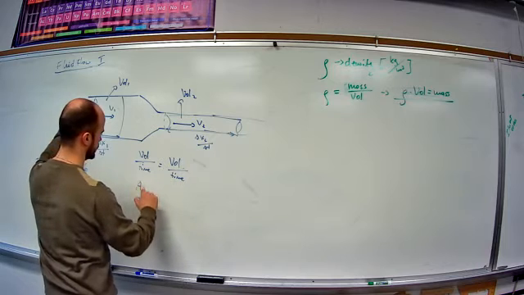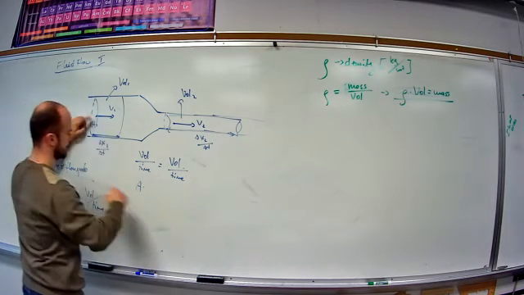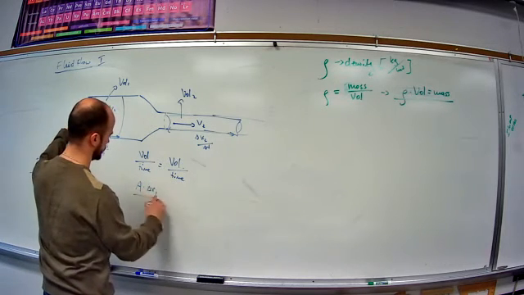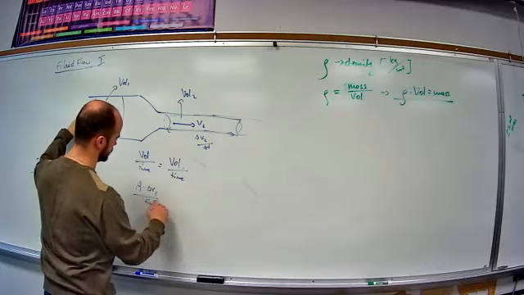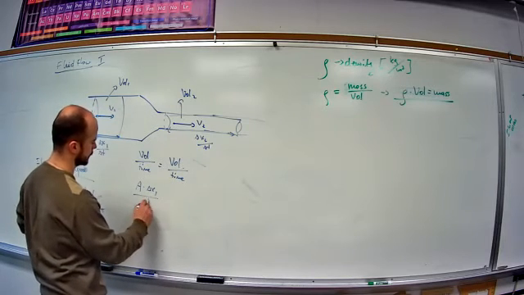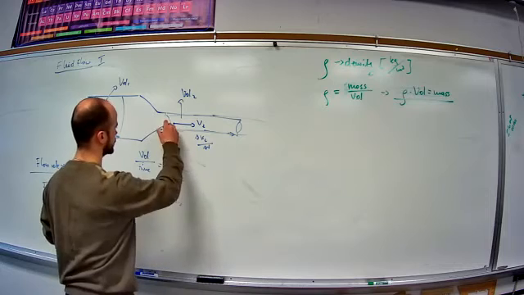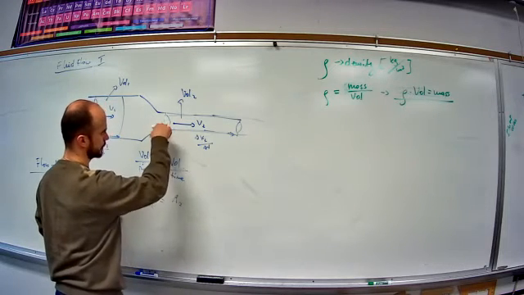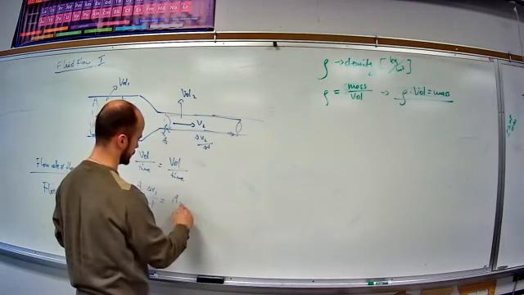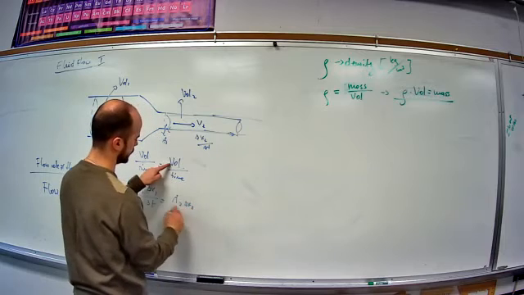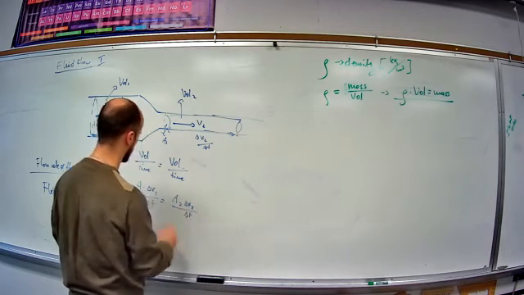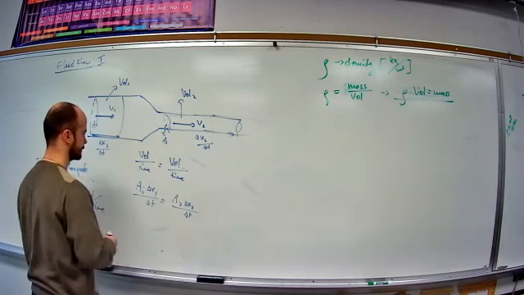So I'm going to have area A1 times delta x1 over time, delta t, equals area A2, that little piece here, A2 times this displacement, delta x2, that's the volume divided by the time. And now I have what I wanted.